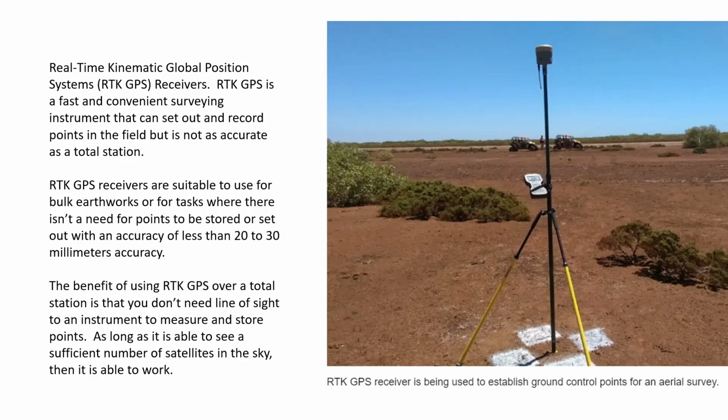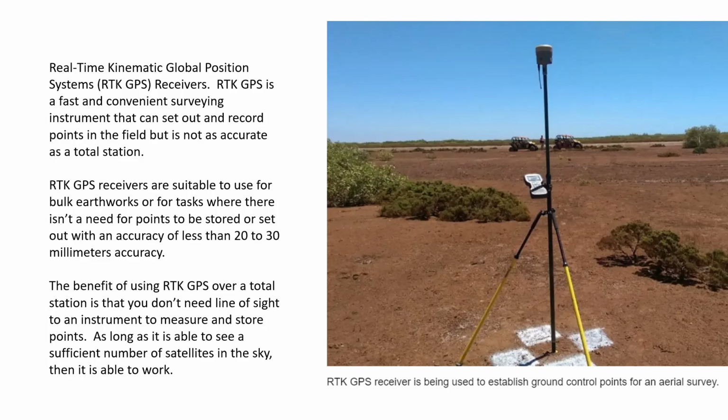The benefit of using RTK GPS over a total station is that you don't need line of sight to an instrument to measure and store points. As long as it is able to see a sufficient number of satellites in the sky, then it is able to work.